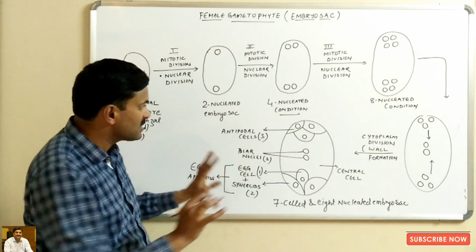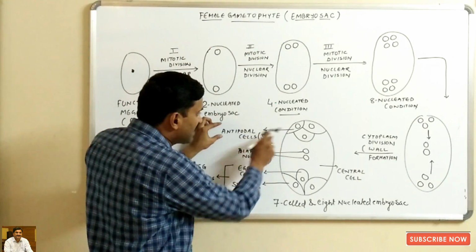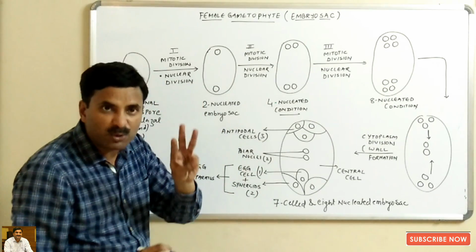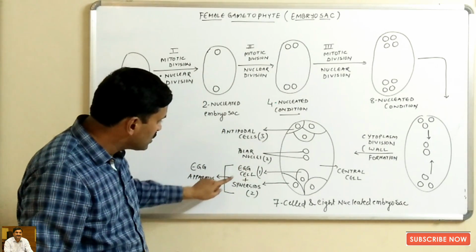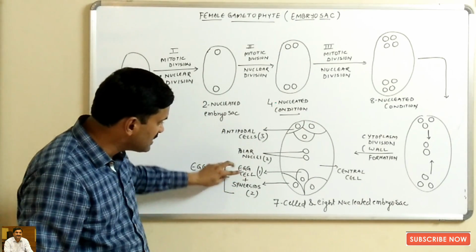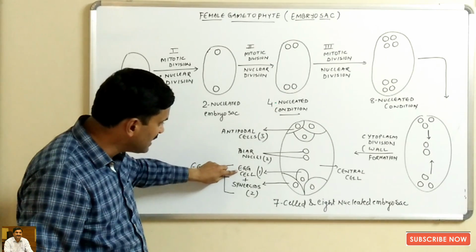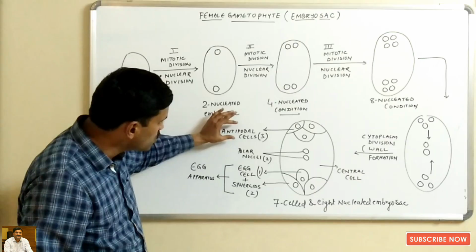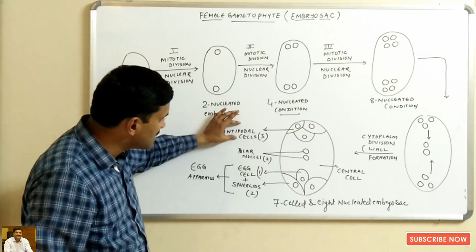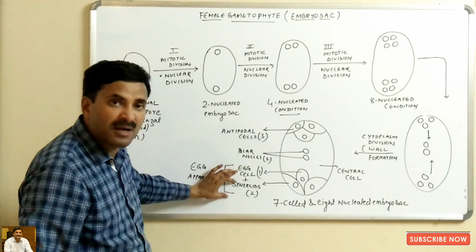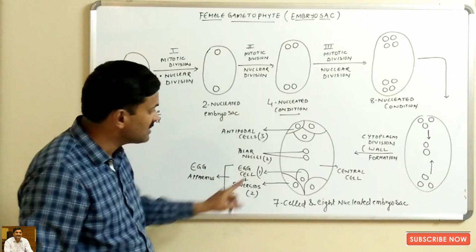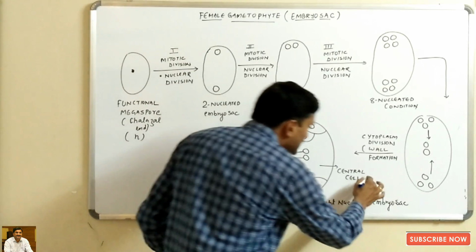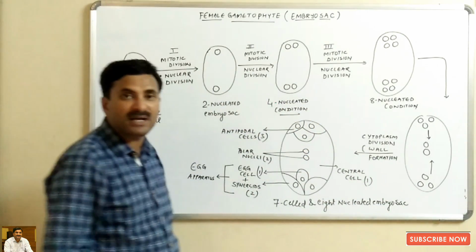How are there 7 cells? So count the cells. 3 are the antipodal cells. Out of the 3 cells at the micropylar end, 1 cell is the egg cell and 2 are the synergids. So 3 cells at the chalazal end, 3 cells at the micropylar end, total 6 cells. 1 cell is present at the center and this is known as the central cell.